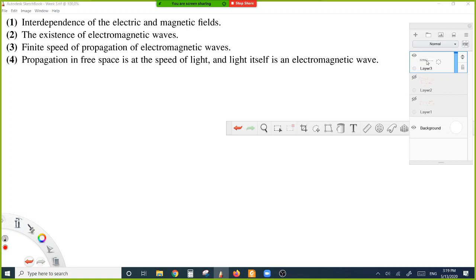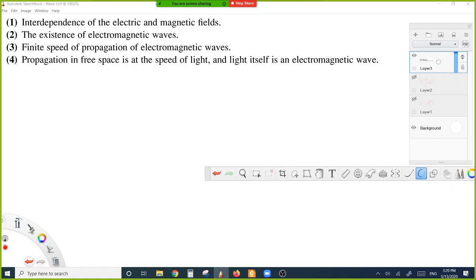But Maxwell's equations and Maxwell's observations conclude that the electromagnetic waves exist, and the another observation is the electromagnetic waves travel through the space with finite speed, and fourth, and the final is the propagation in free space is at the speed of light, and the light itself is an electromagnetic wave.